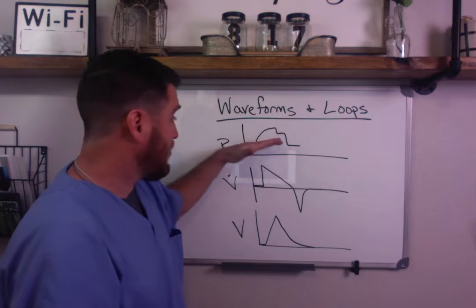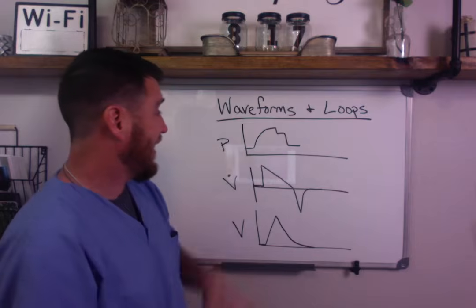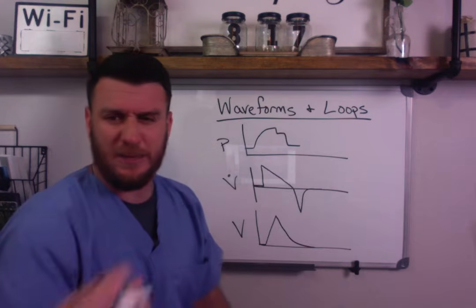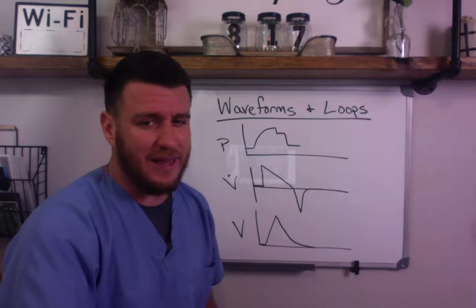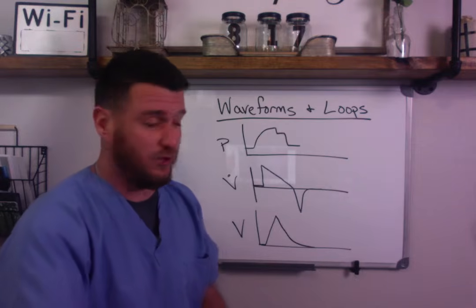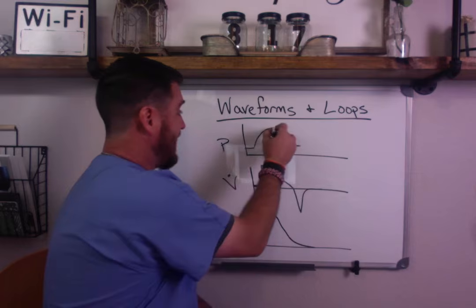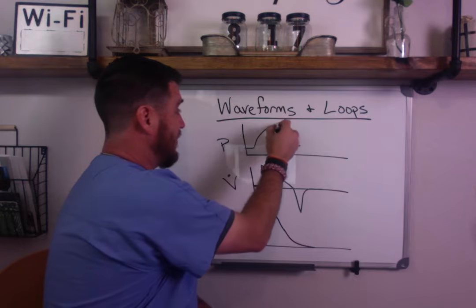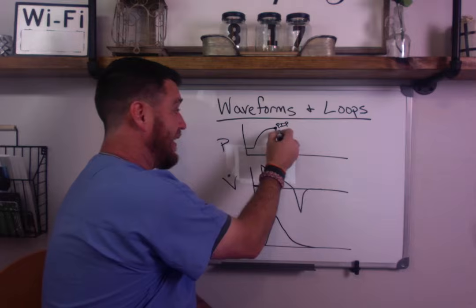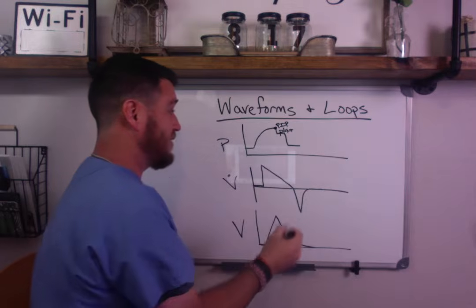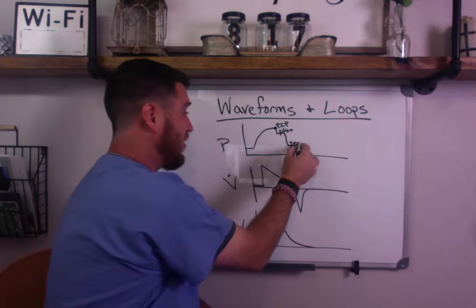Now, the pressure waveform, obviously here, has an inspiratory hold that's illustrating plateau pressure. I'm just going to break it down and show you what you can find on your pressure waveform and what it's telling you. We know that the peak here is PIP, and then this hold right here gives us plateau, and then we return to PEEP.